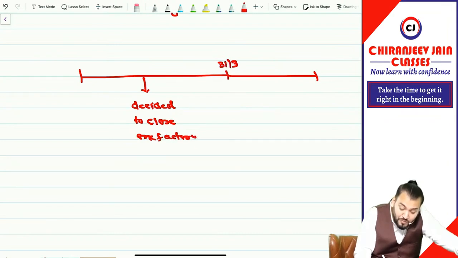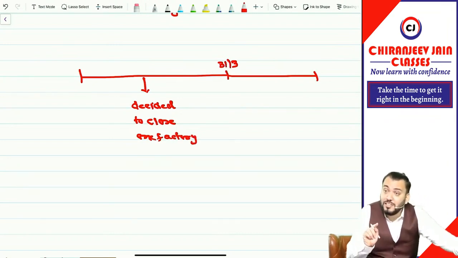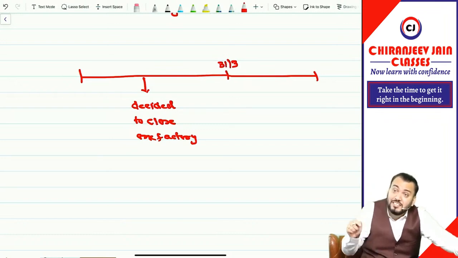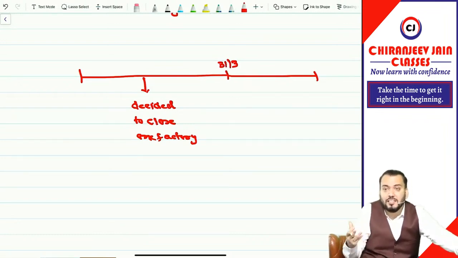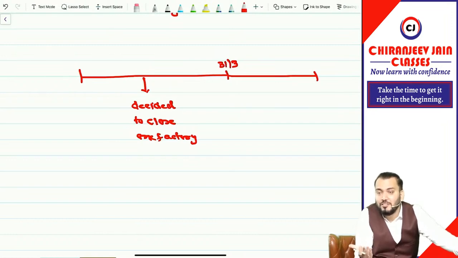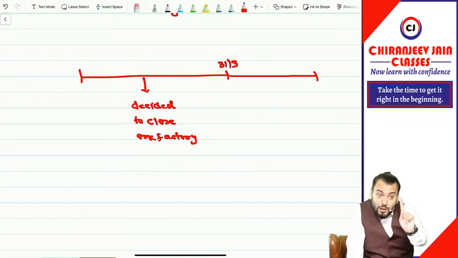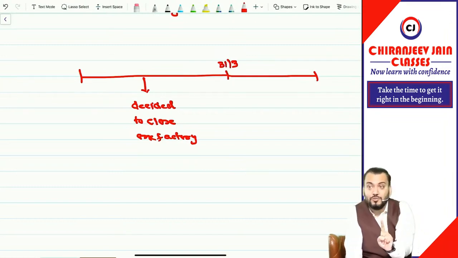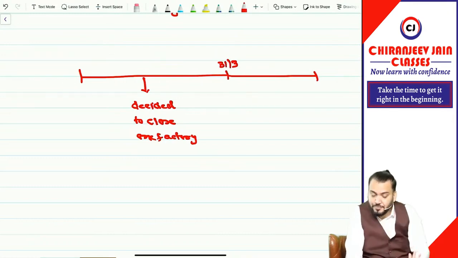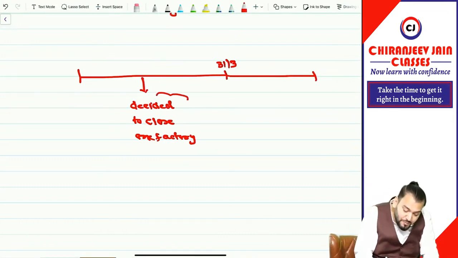I am saying close one factory, I am not saying close the entire entity. If the entity is liquidated, then Ind AS will not be applicable, because then it becomes a non-going concern. So I am saying one of the factories they have decided to close, not the entire entity.